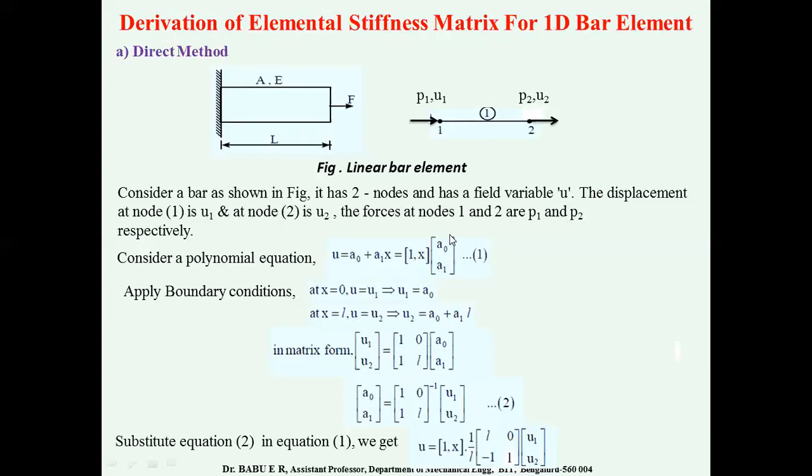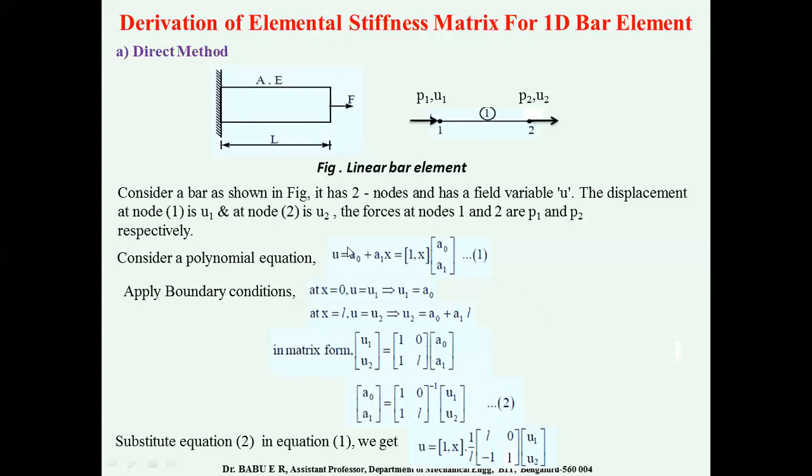In equation 1, we need the matrix value a0 and a1. It is a constant, so I will send this matrix towards the right hand side. So on the left hand side, a0 a1 equals inverse of the matrix into u1 and u2, called equation number 2. Now you substitute equation 2 into equation 1.